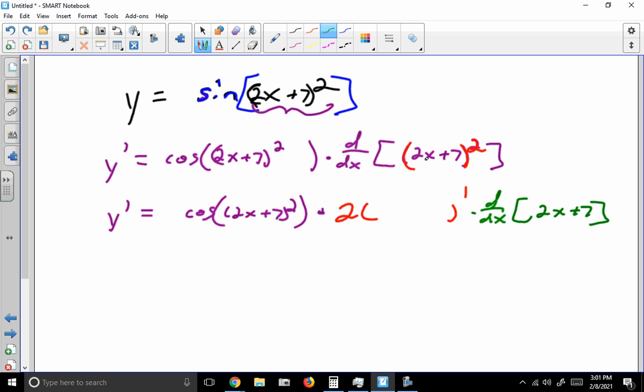When we're taking the derivative of this function, the input stays on the inside. So the 2 comes down to the 1 less power, but we're leaving the inside function inside. And then we have to multiply times the derivative of that inside function. Well, what's the derivative of that inside function? That's just 2.